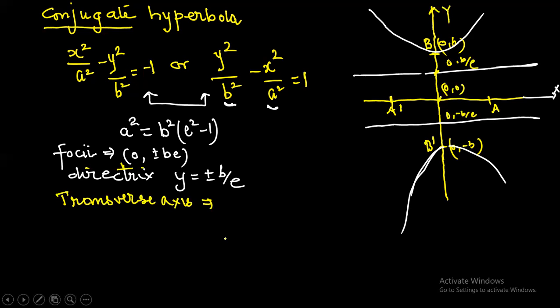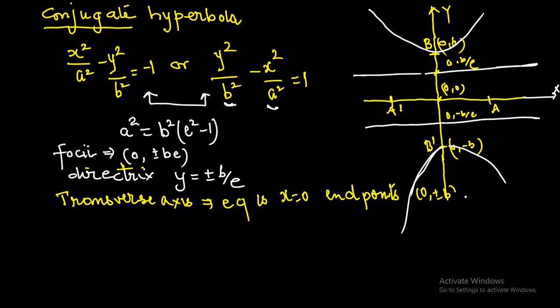The transverse axis equation is x is equal to 0. The end points will be 0 comma plus minus b. Length will be 2b.